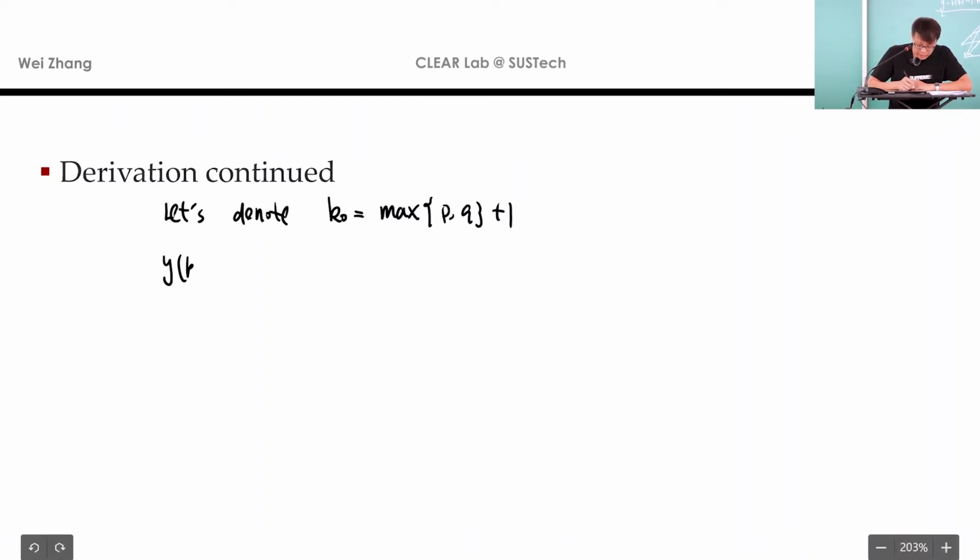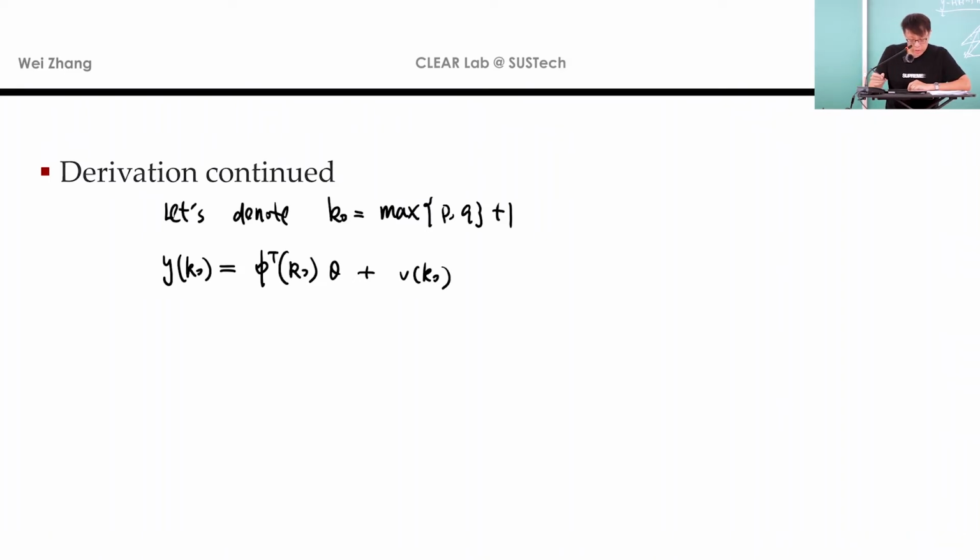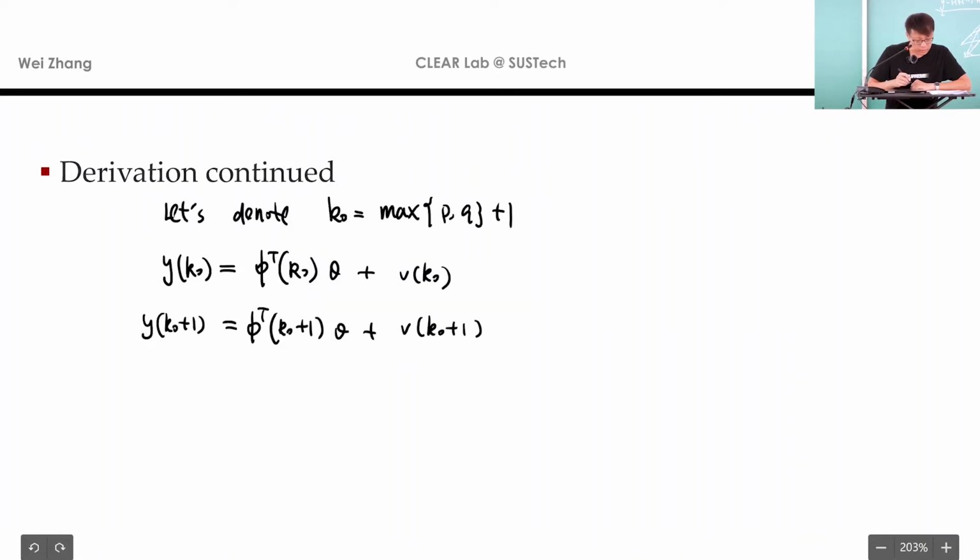So Y K0 is equal to phi transpose K0 theta plus noise. That's my first row. And Y K0 plus 1 is phi transpose K0 plus 1 theta plus V K0 plus 1, dot dot dot.